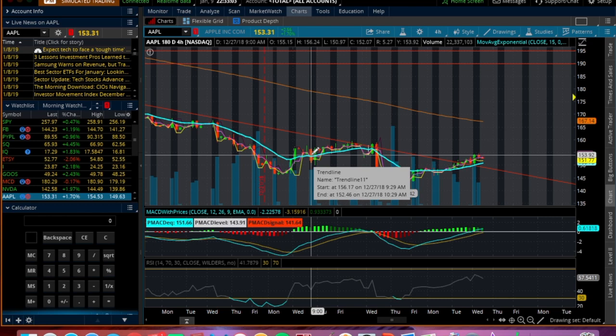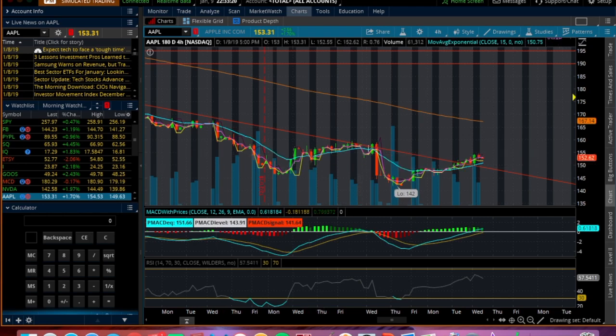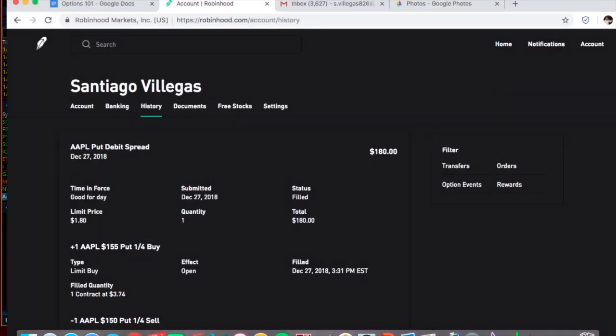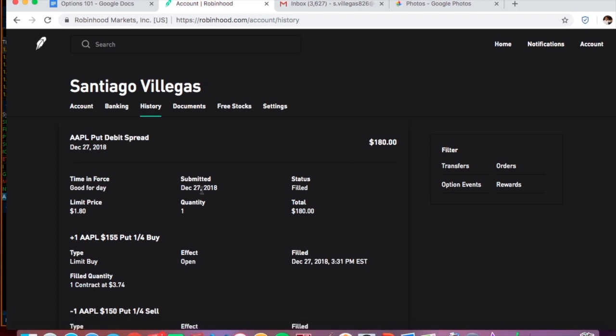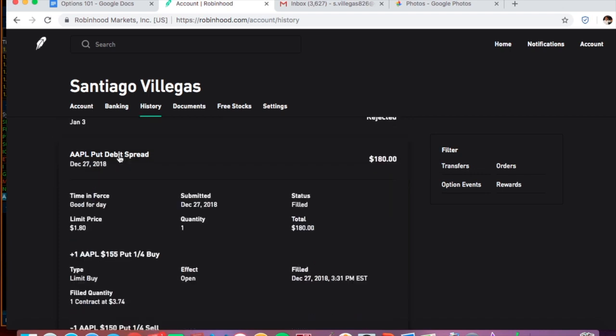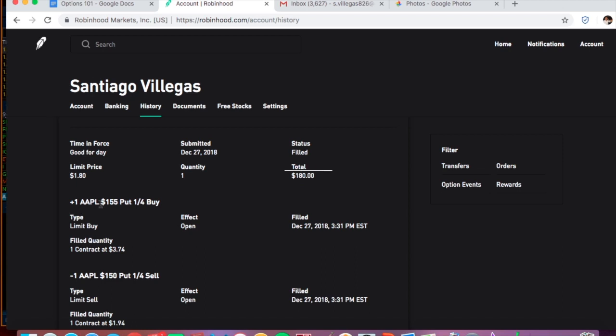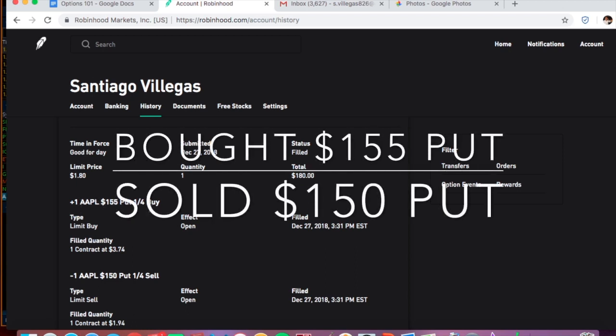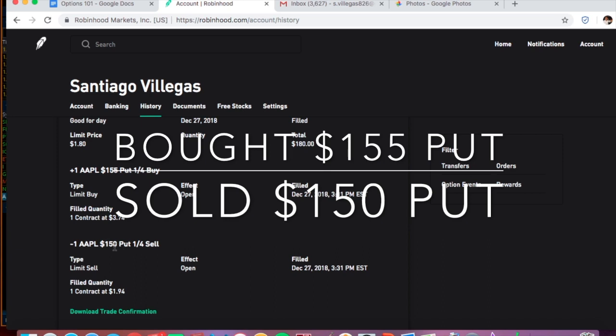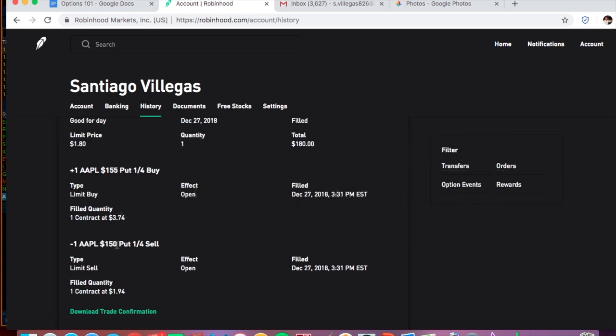And what I did actually was I bought a put spread. So I bought the $155 put and I sold the $150 put. Spreads is going to be a strategy that I will explain in one of the later videos, but essentially I want to show here the order confirmation, and what it was I got filled on December 27th for $180 for buying this put debit spread, which, like I said, I bought the 155 strike price Apple put and I sold a $150 strike price put.